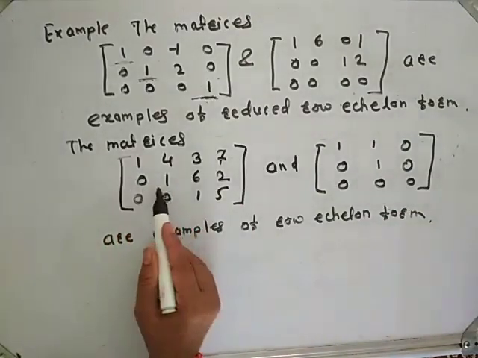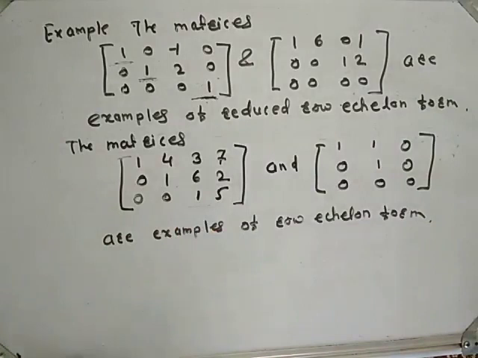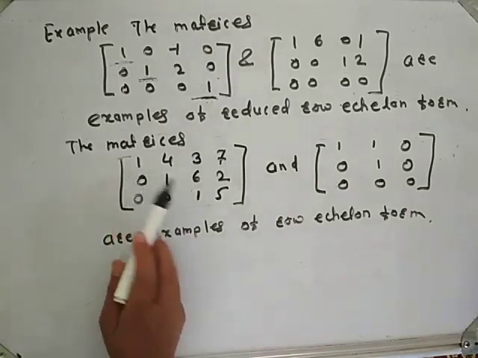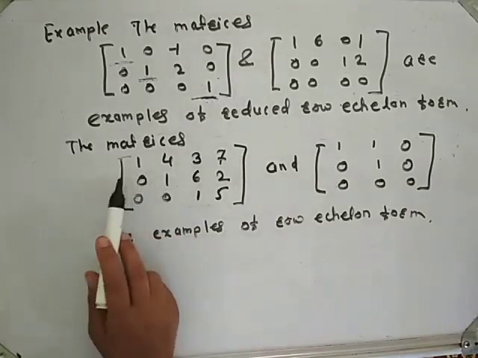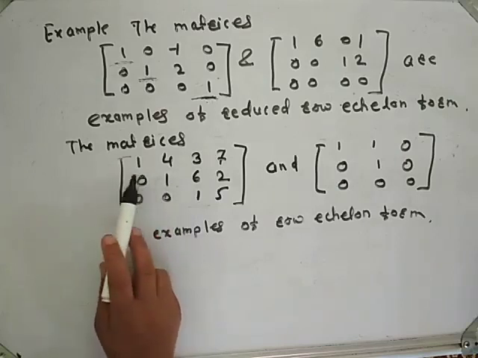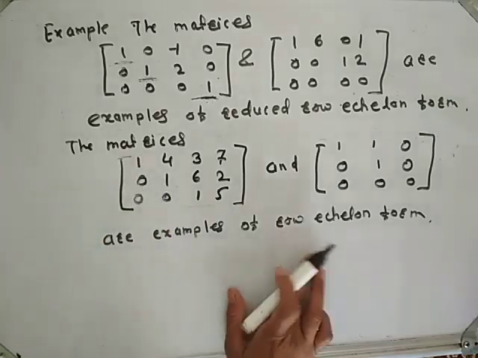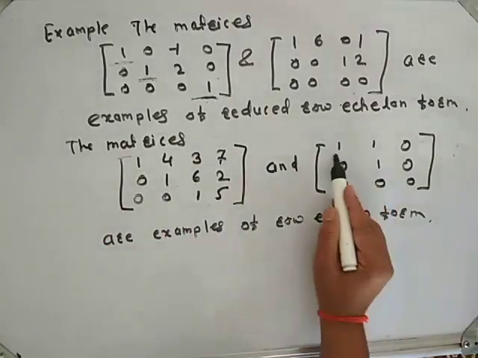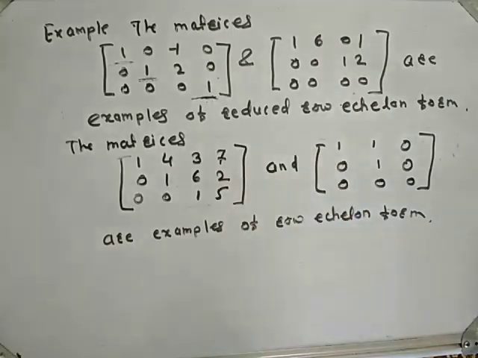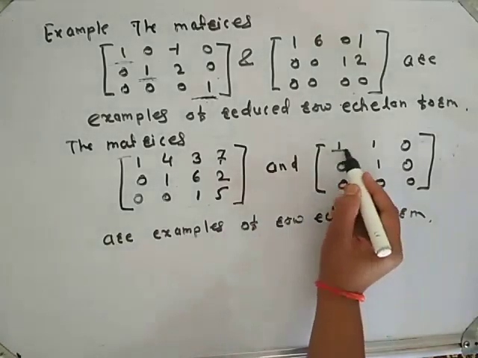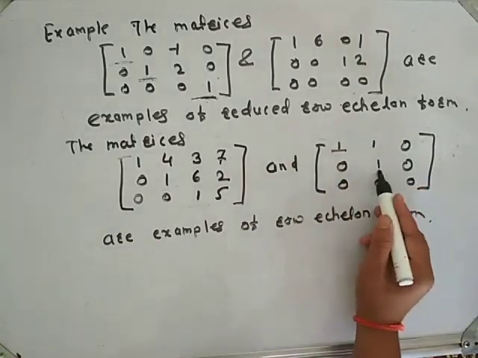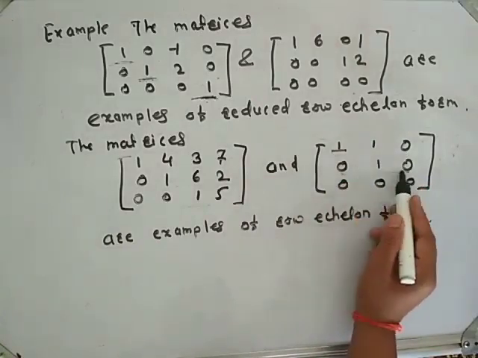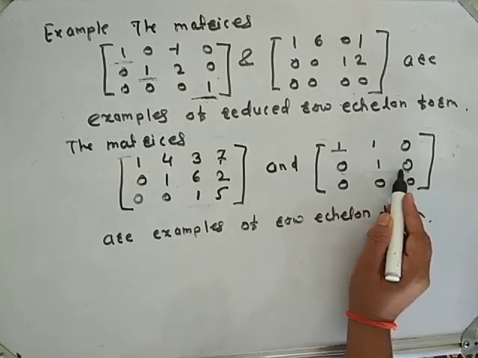This row has a leading 1, the second row also has a leading 1, and the third row also has a leading 1. This matrix satisfies the second property and the third property. So that's why this is an example of row echelon form. Similarly, if we think about this matrix, this one is the leading 1 for this row, this one is the leading 1 for this row.